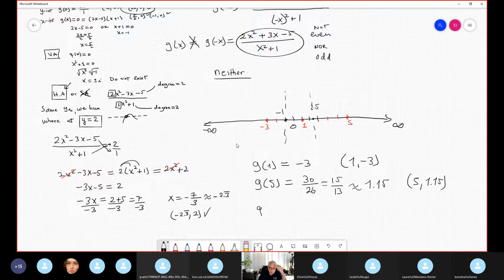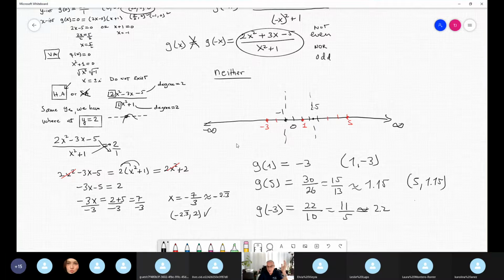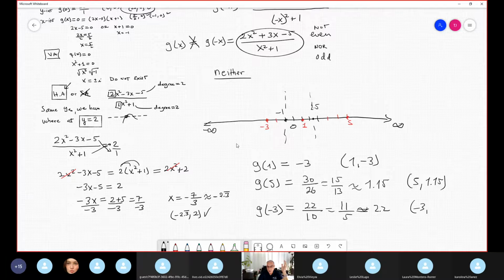Another point. And g evaluated at negative 3 is 22 over 10, and lowest terms is 11 over 5. Okay, and decimal it's equal to 2.2. And the point is the point negative 3, 2.2.